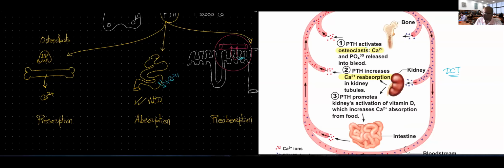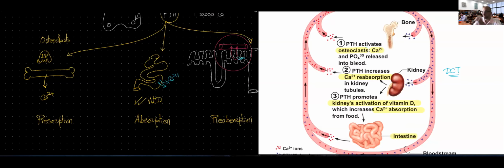Third action on here for PTH will be to enhance the activation of vitamin D in the kidneys. Activated vitamin D is going to be allowing you to enhance the calcium absorption in your small intestines.